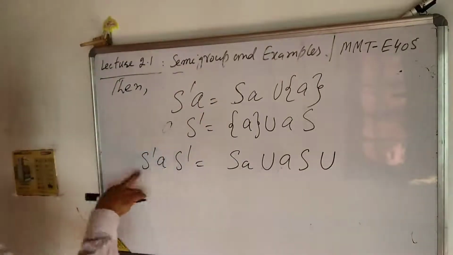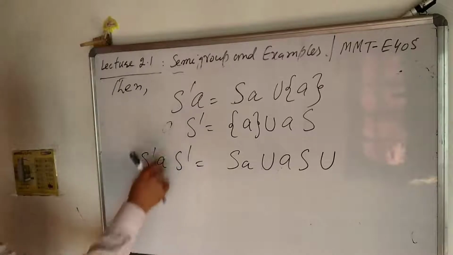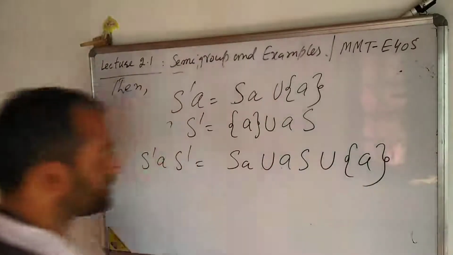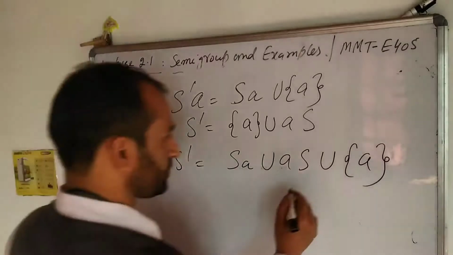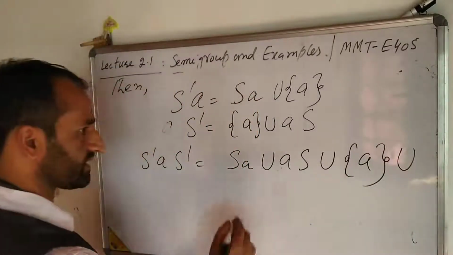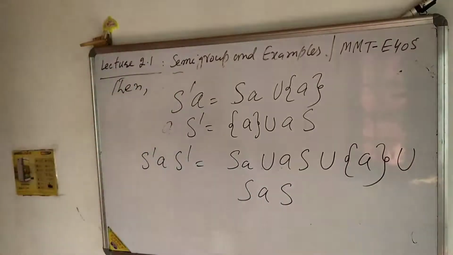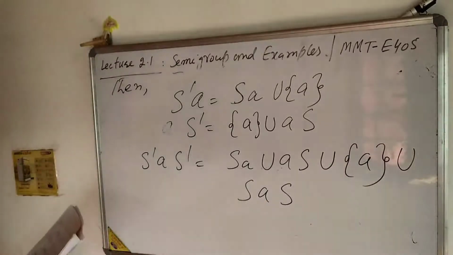Now if you take one element from both the semigroups S1 and S2, it will be just A. So it's a union of these, not only these three. There's one more set, union SAS. So it's SA union AS union singleton A union SAS.